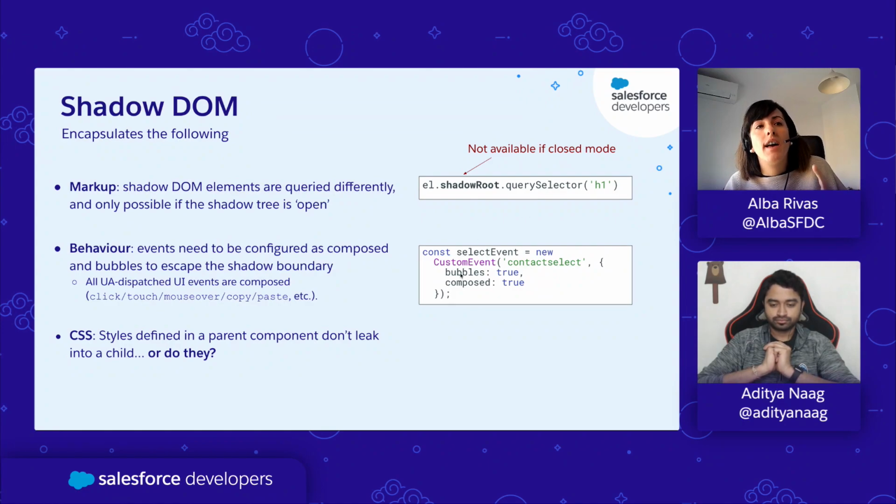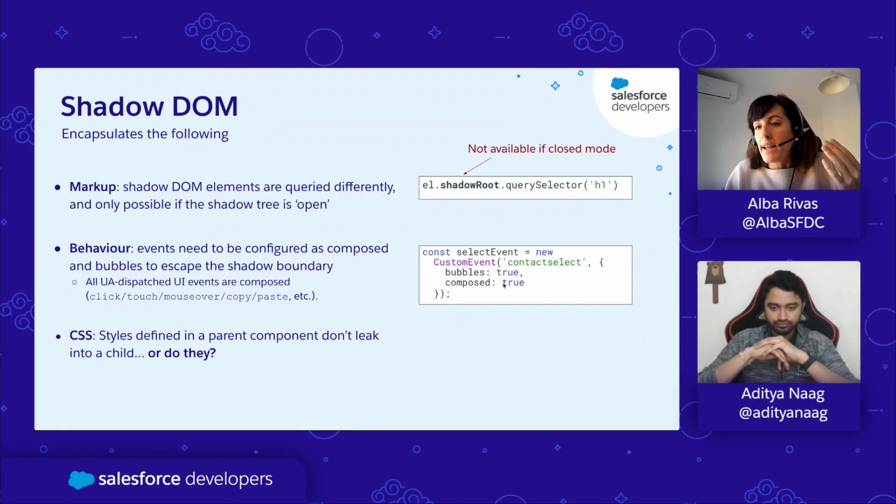You can mark an event as something that you want to escape the boundary by setting it as bubbles and composed, but that's not the default when you create a custom event. One thing to know here is that all the user agent dispatched events such as click, touch, mouseover, etc., are going to be composed by default. So those escape the shadow boundary by default.